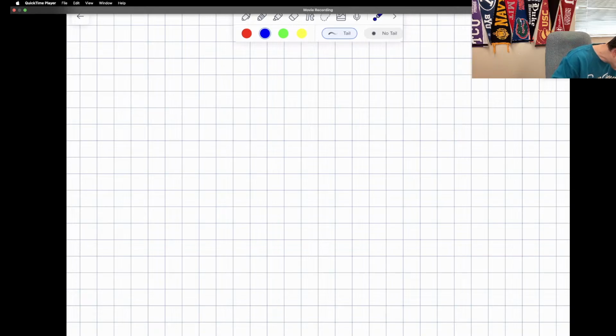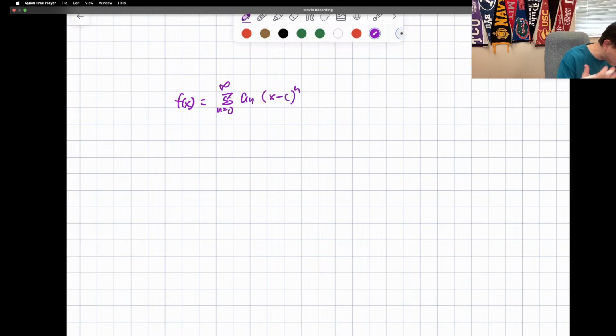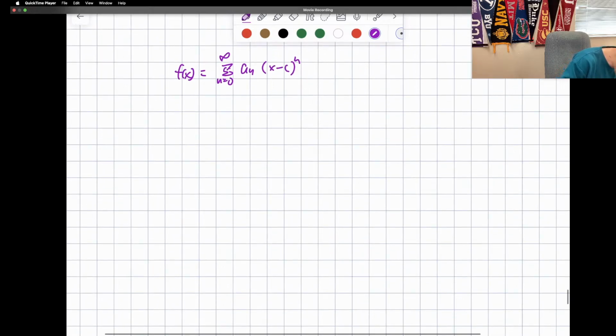We said yesterday that we can take a derivative. I'm just going to fast track this. We start with f of x equal to the summation from n equals 0 to infinity of a_n times (x minus c) to the n. This is a general form to represent any type of power series. The key thing is, do we know what a_n is?